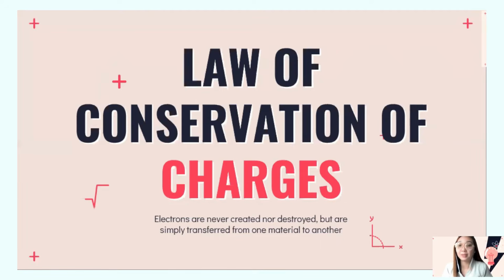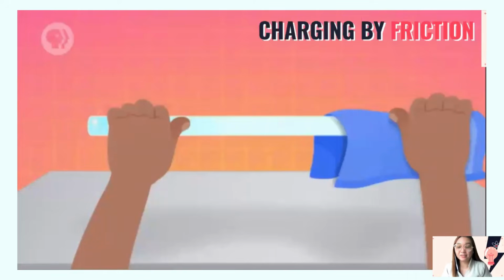So meron tayong iba't ibang methods of charging. The first method is charging by friction. Based from its term, friction, nagkakaroon ng interaction between two materials, nagkakaroon sila ng physical contact, and they produce heat.